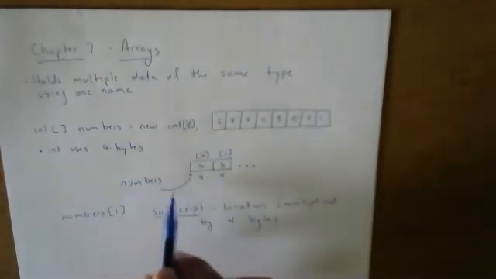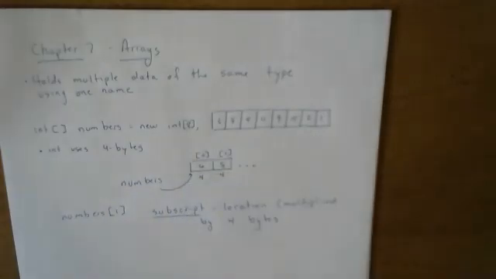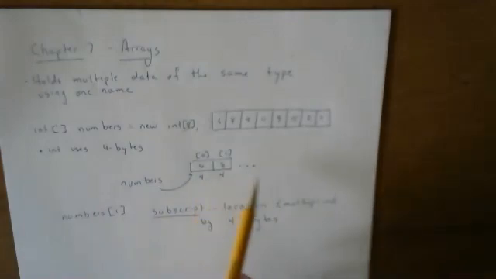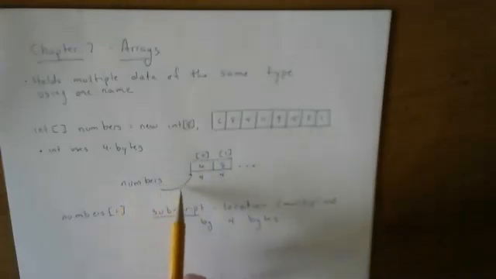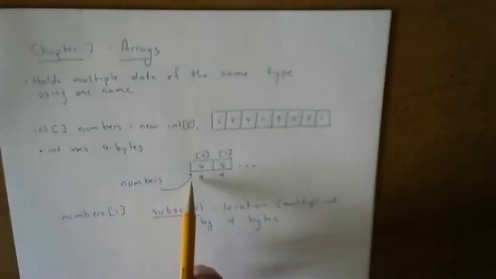So once I find that location, numbers is going to get that location and be ready to store these values. Now, we're going to talk about putting the values in and getting the values out and working with them. But right now we're looking at how these numbers are stored. So I go to the memory location of numbers, and the first number I want to put in is 6.